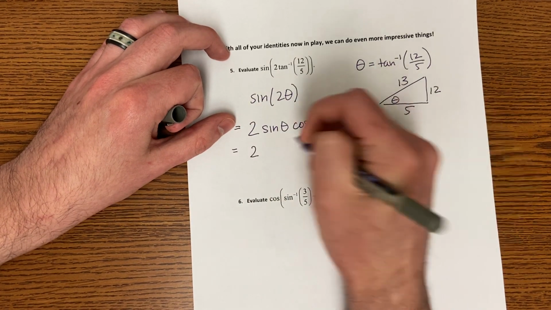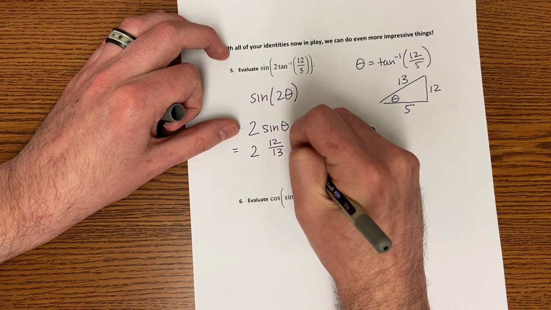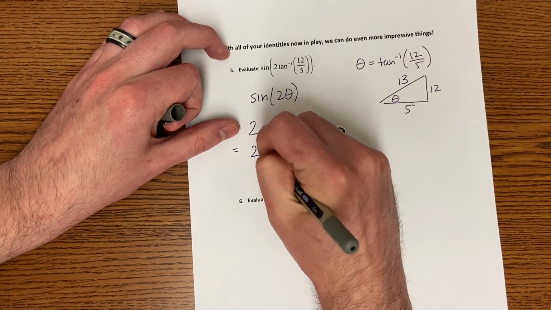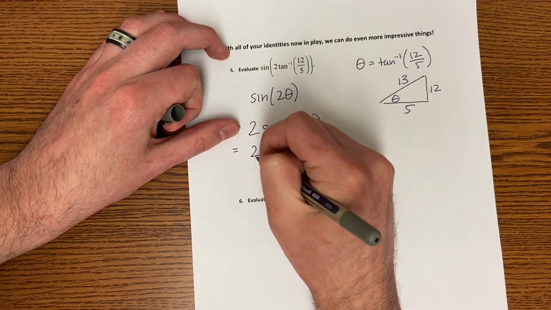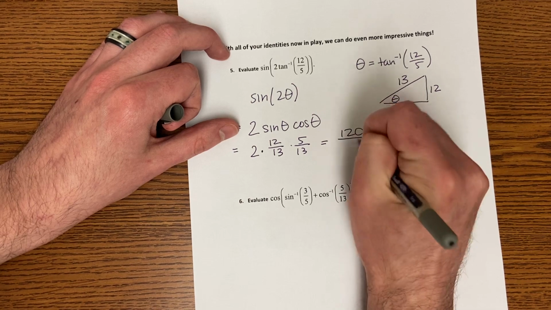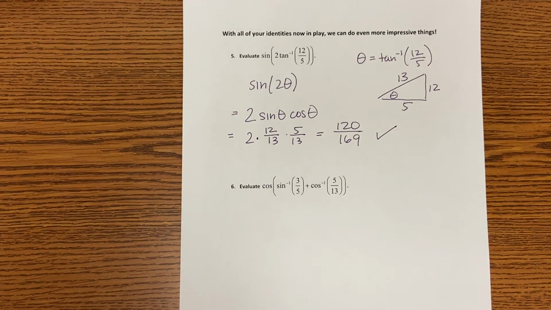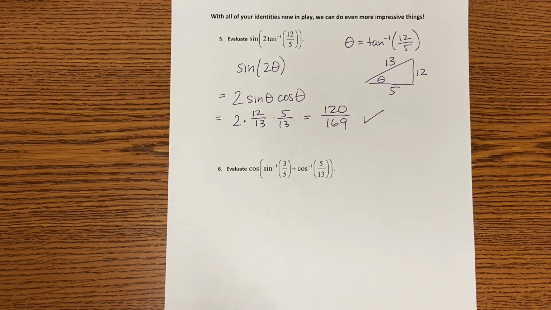This is 2 sine of theta, 12 over 13. Cosine of theta, 5 over 13. Multiply them all together. This is 60 times 2, 120 over 169. The rules are still the same here. It has to be between -1 and 1, but it's taking skills you've already used and seeing how it works with the new ones we're developing.